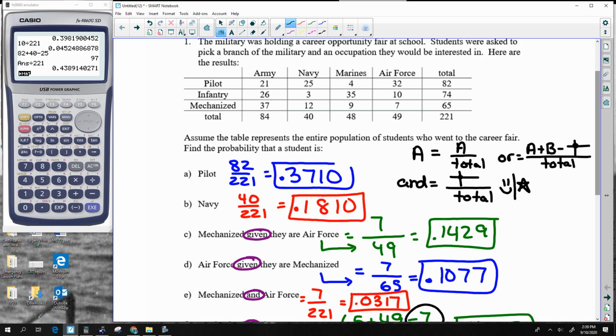What happens in that situation is the number of stars become the total, and the intersection of the smiley faces and stars becomes the numerator. That is like letter C, where the second piece becomes the total. So the Air Forces become the total, and the intersection of the mechanized and Air Force is the numerator. So those are, in essence, your table probabilities real quickly.